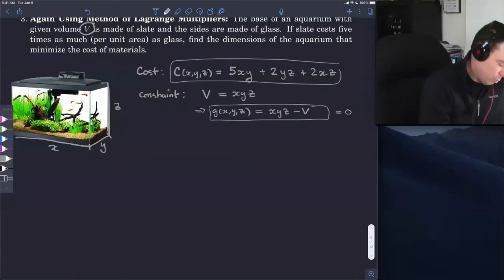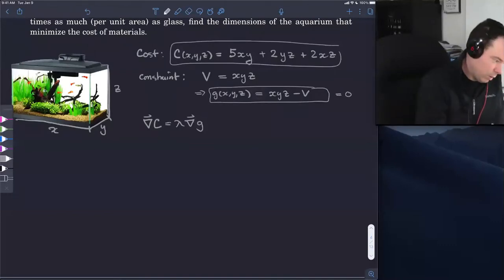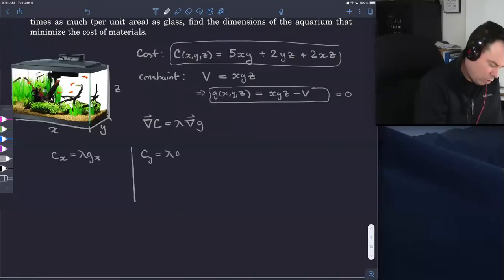The method of Lagrange multipliers says, look for the points where the gradient of c is a multiple of the gradient of g. And so we're going to split this up, and I always like to unpack it as all the equations. So c_x has to be lambda g_x. And then we get another equation, c_y has to be lambda g_y.